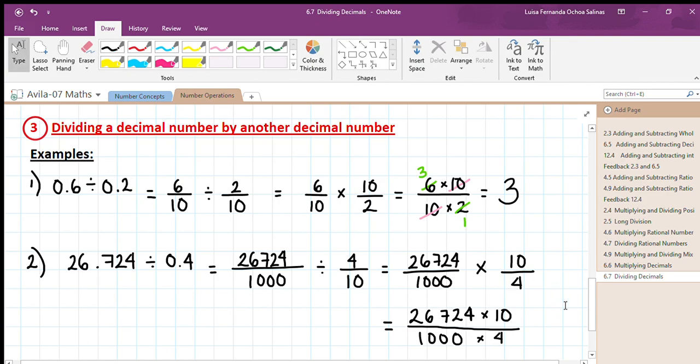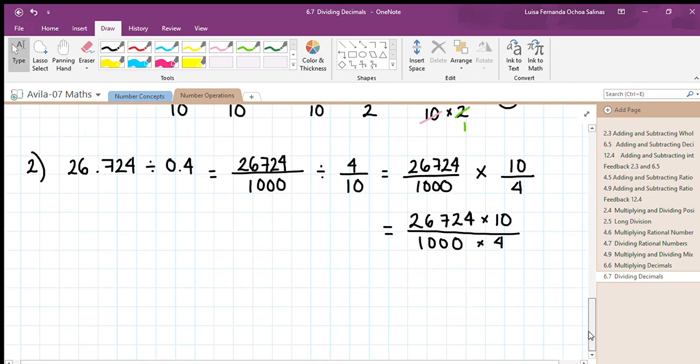Okay, we can see here, it becomes a little bit more clear. What do we have to do? So I can cancel this 0 with this 0. Agree? And then it becomes very clear that what I have to do is divide 26,724 divided by 4. And then whatever that answer is, that will be over 100. And then that will give me my decimal.